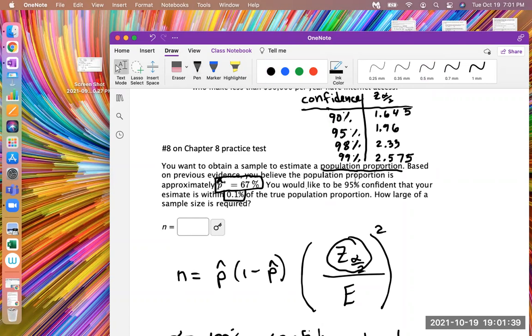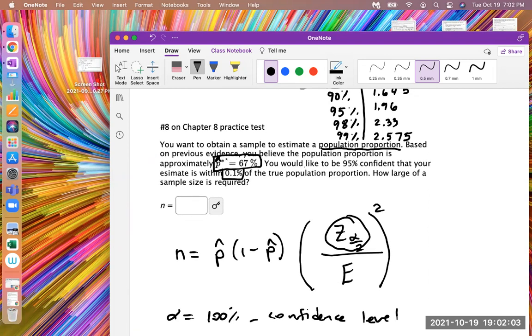Because if it's a proportion, there are particular formulas and a particular calculator test that you have to run. But if it's a population mean, there's a different test and different formulas. So you have to be very careful with every problem in chapter 8. This one was a population proportion, so I used the formula for population proportions.